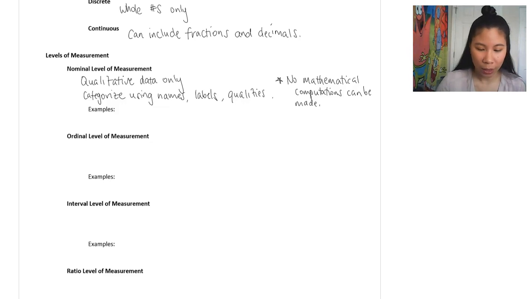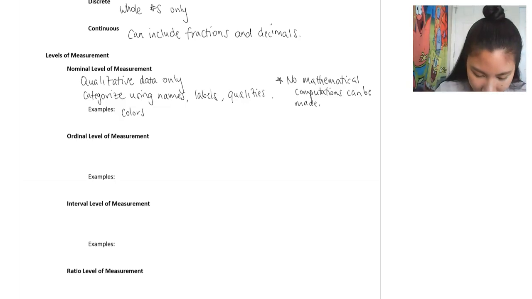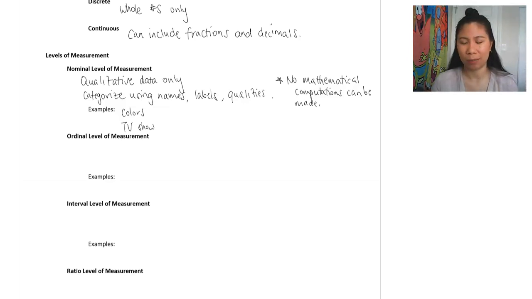So examples of this would be if I asked for your favorite colors, or your favorite TV show, stuff like that. Things where you don't have numbers involved is the easiest way to talk about nominal.